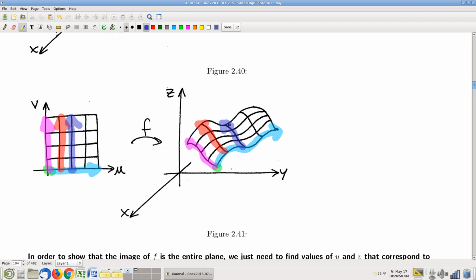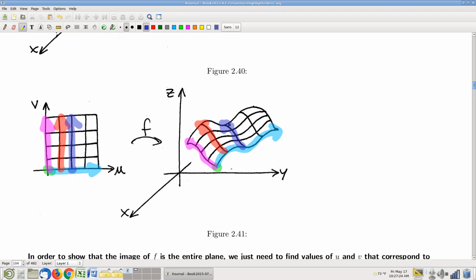So again, we call this the image of the function. And again, analogously, we call the function a parameterization of the surface. You can think of this picture, this image, as a way of getting some geometric understanding of this function.